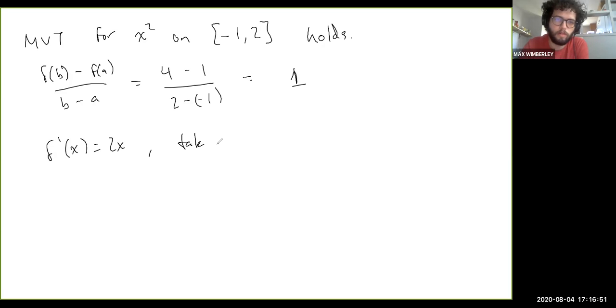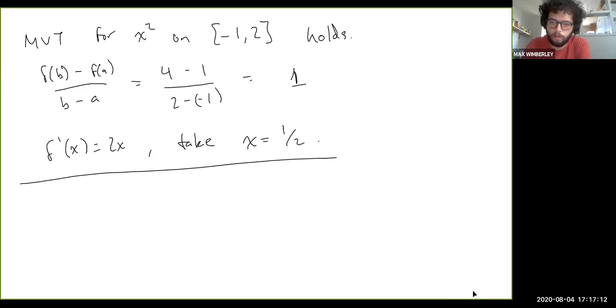So take x equals 1/2, for example, right? Yeah. So that's an example of a value where f prime achieves the average slope, right? Okay, so let's look at the next one.